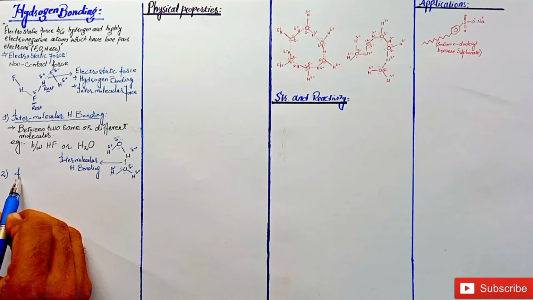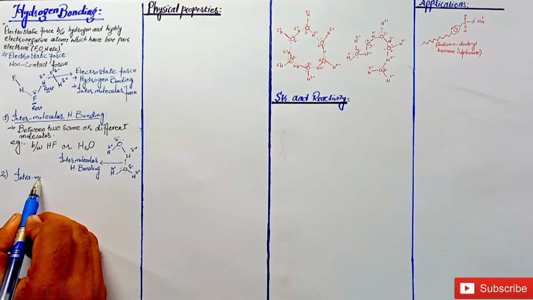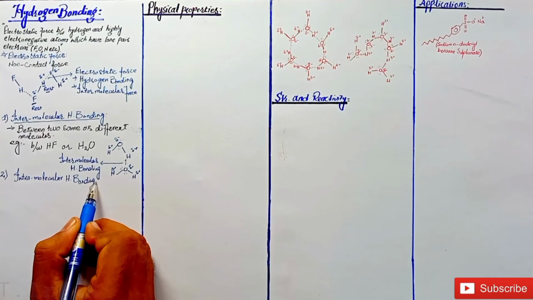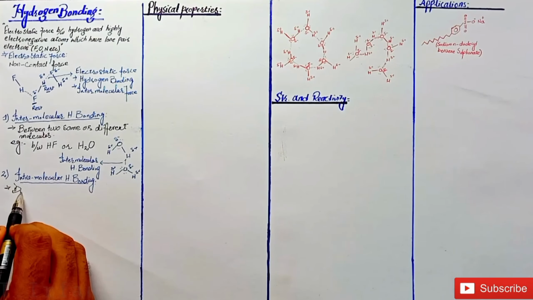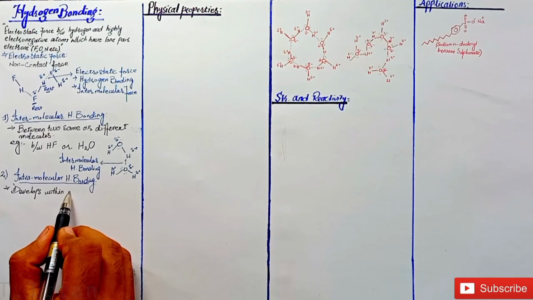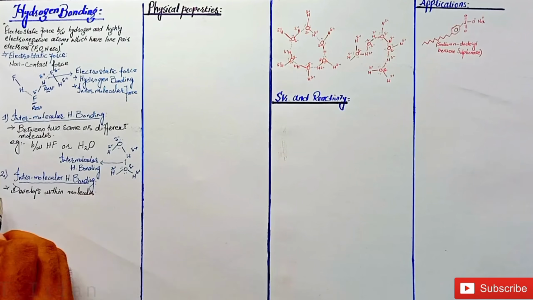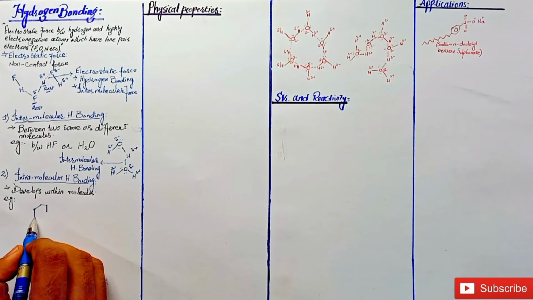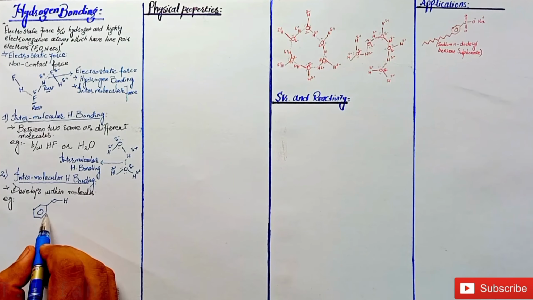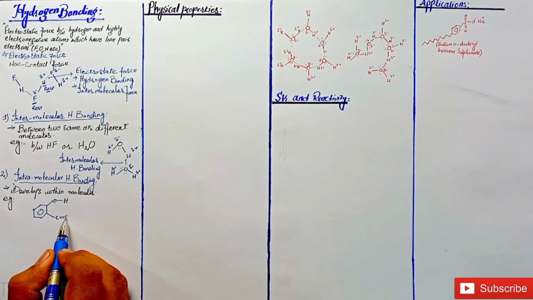And the second type of hydrogen bonding is intramolecular hydrogen bonding. This is a type of hydrogen bonding which develops within a molecule. For example, hydrogen bonding which develops between hydrogen and oxygen in salicylaldehyde.